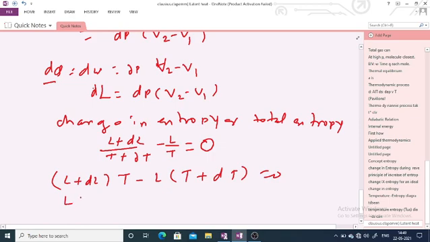So we get LT plus dL times T minus LT minus dT times L is equal to 0.